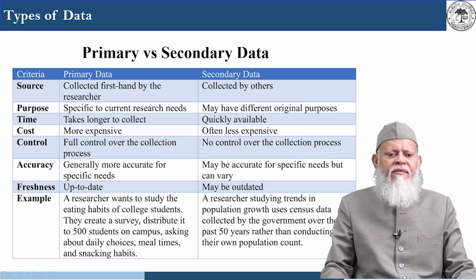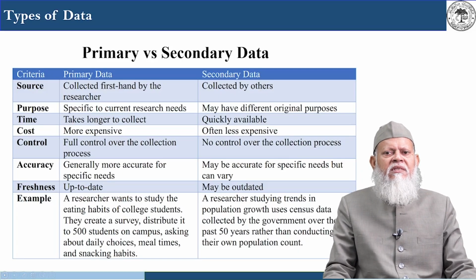In accuracy, generally, the primary data is more accurate for the specific requirements, whereas the secondary data may be accurate for specific requirements but can vary. Freshness: the primary data is up to date, whereas the secondary data may be outdated.